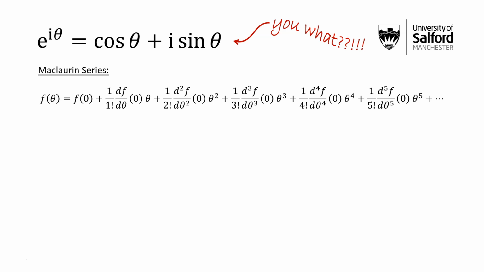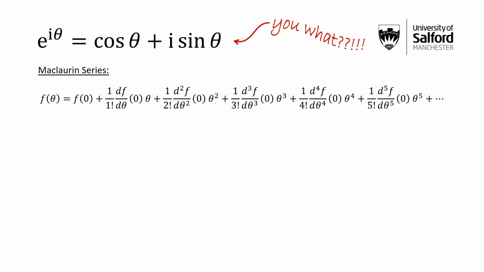Essentially what it tells you, if you've got a function of some variable, I've written theta, then it's the value at 0 plus 1 over 1 factorial times the first derivative of the function evaluated at 0 times the variable theta, plus 1 over 2 factorial times the second derivative of the function with respect to theta evaluated at 0 times theta squared, plus 1 over 3 factorial times the third derivative at 0 times theta cubed, etc, etc, etc. So we just keep adding on these extra derivatives, and we get a polynomial in theta.